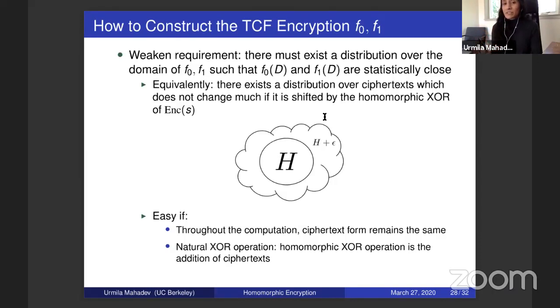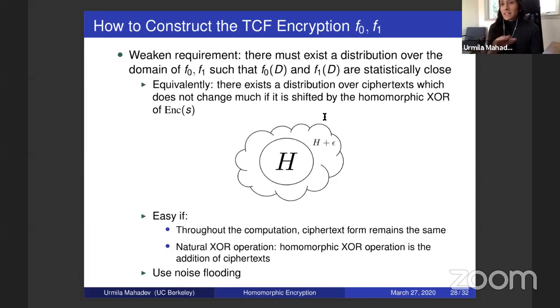If we take this distribution over ciphertext and shift it by the encryption of S, it will barely change, because the width was large enough to essentially erase the noise of S, which is epsilon. This technique is well known to cryptographers; it's called noise flooding, and it's used in circuit privacy. And that's exactly what I'm using here. I'm just using these properties to say that the distribution is easy to define, because we can define a distribution which doesn't change much when it is shifted by the encryption of S.